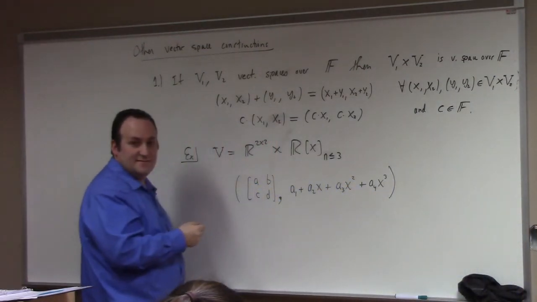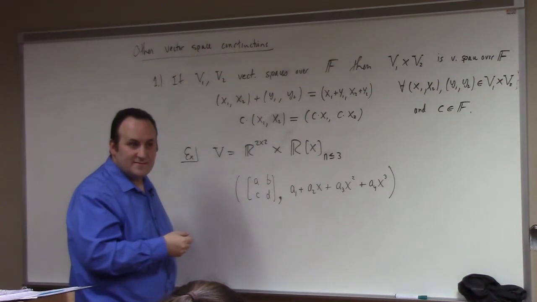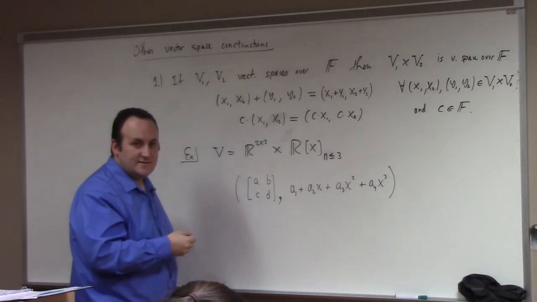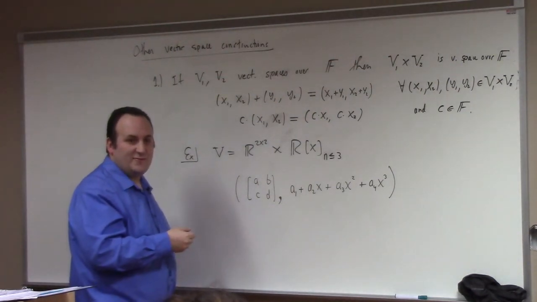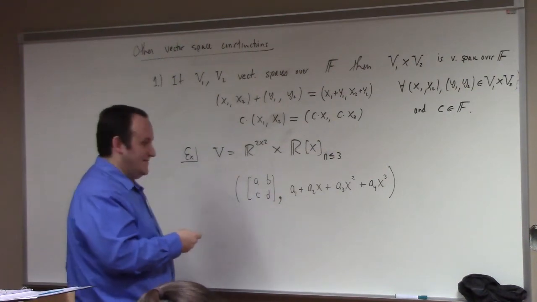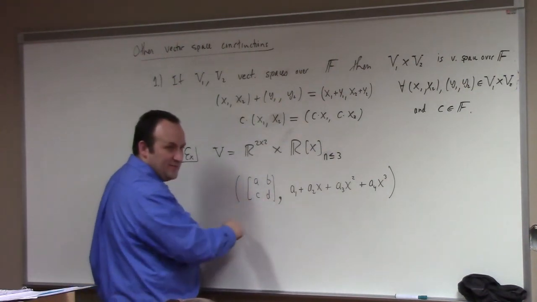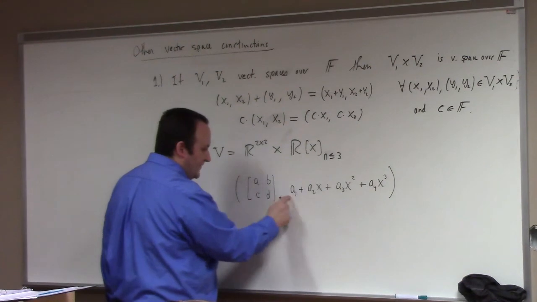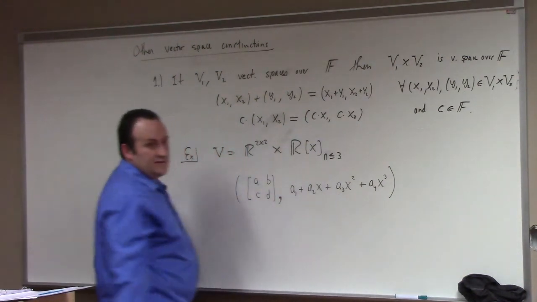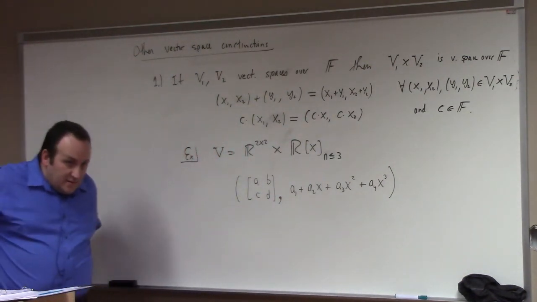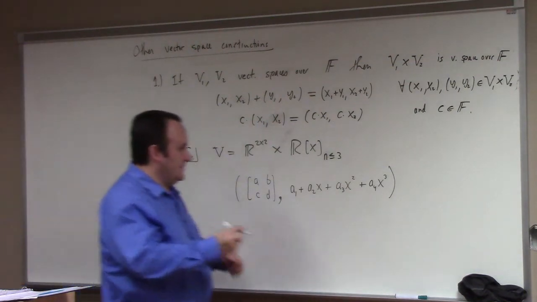Anyone guess? 3. 8. We have a winner. Yes, 8. Because it's just the number of independent parameters: 1, 2, 3, 4, 5, 6, 7, 8. You can pull those out and write this.